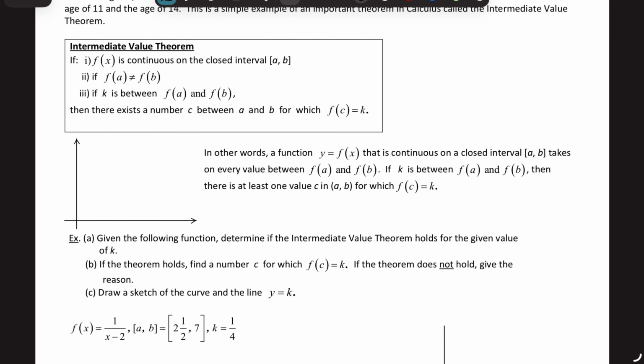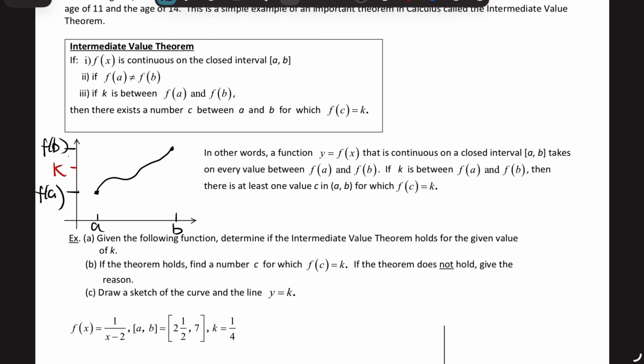We can't understand this whole thing just based on words. So let me show you what it looks like on a graph. Let's say this is a, and this is b. And the corresponding value, this is f of b, and let's say f of a over here. Let's draw a function like this.